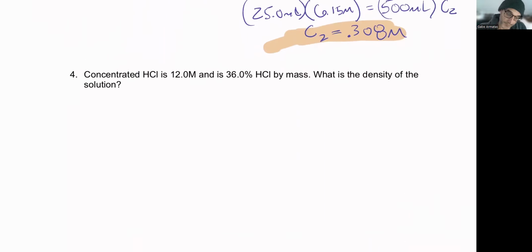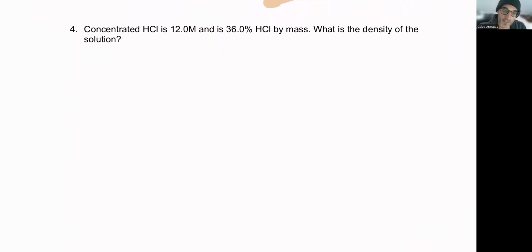All right, next up. The concentrated HCl is 12 molar and 36.0% HCl. So concentrated at 12 molar and 36% HCl by mass. What is the density? Again, we are going to start at the end, the density of the solution.